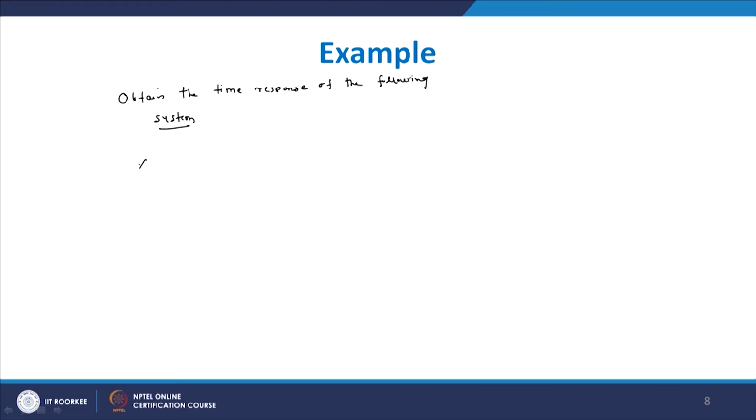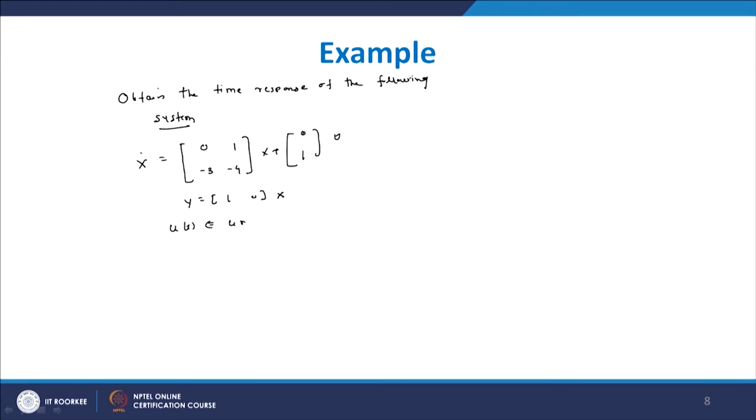And our example is x dot equal to [0, 1; -3, -4] x + [0; 1] u, y equal to [1, 0] x, and your u of t is basically a unit step function.